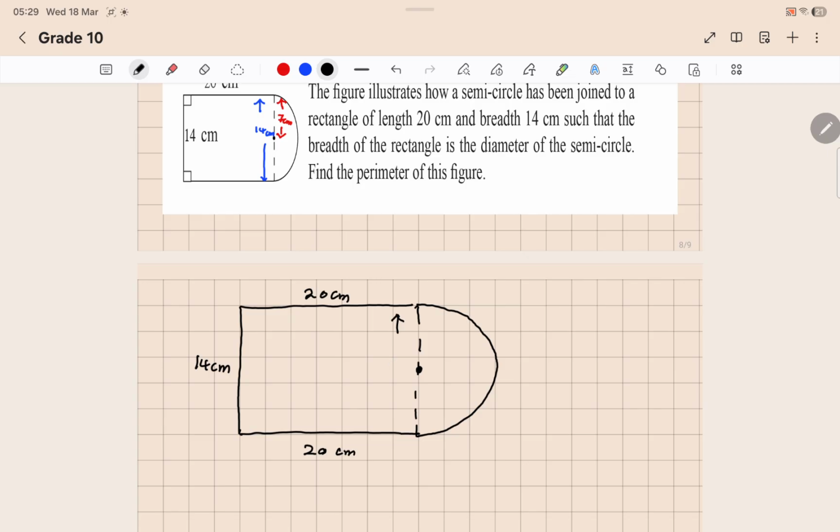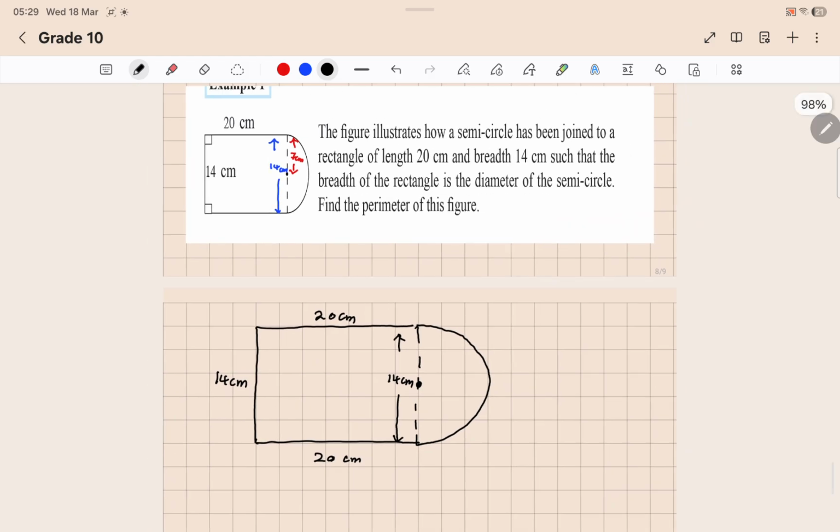And this is 14 centimeters, the diameter. So the radius is 7 centimeters. So to find the perimeter, we just need to figure out the arc length of the semicircle. That's it.